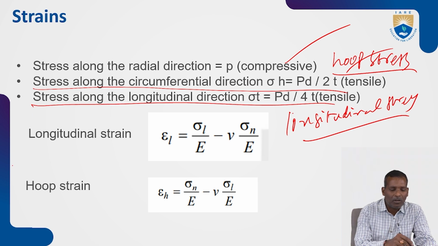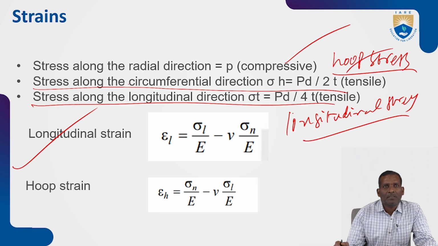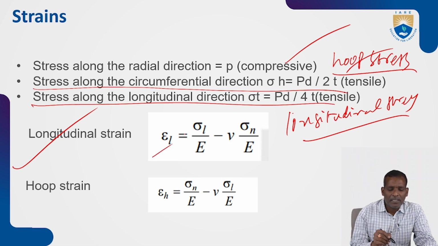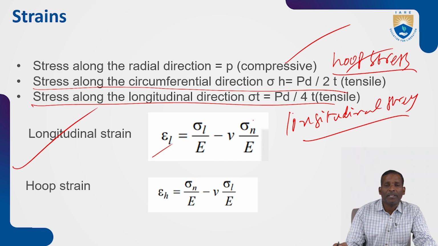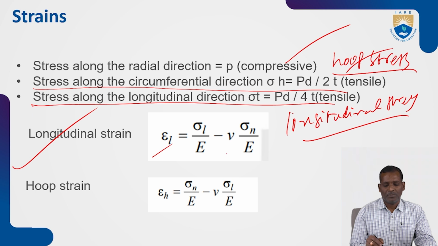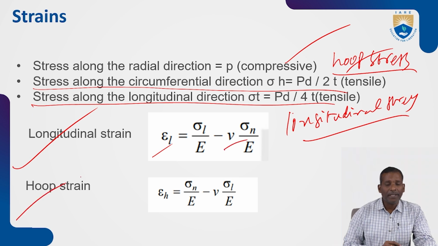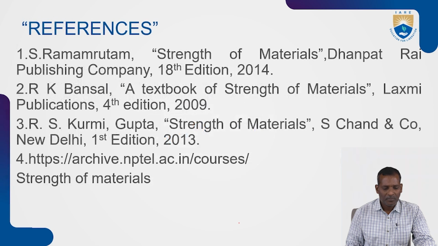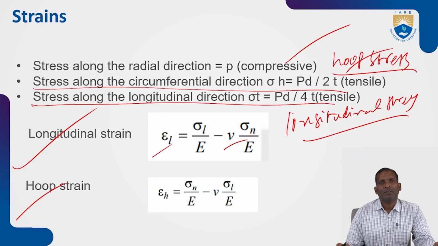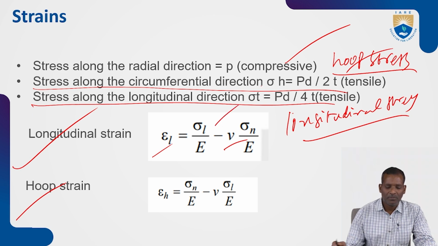Now calculate the longitudinal strain. Epsilon L is equal to sigma L by E minus mu into sigma h by E, where mu is the Poisson's ratio. Similarly, hoop strain is sigma h by E minus mu into sigma L by E. Now you can substitute the sigma L value in this equation.